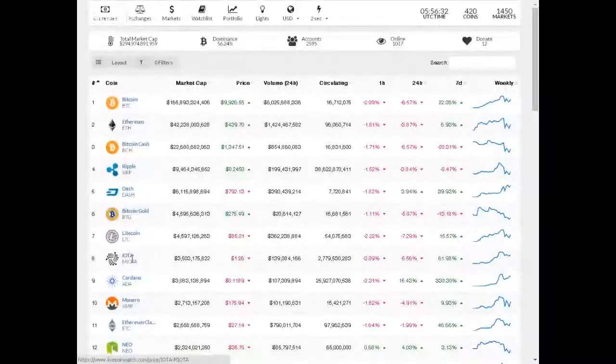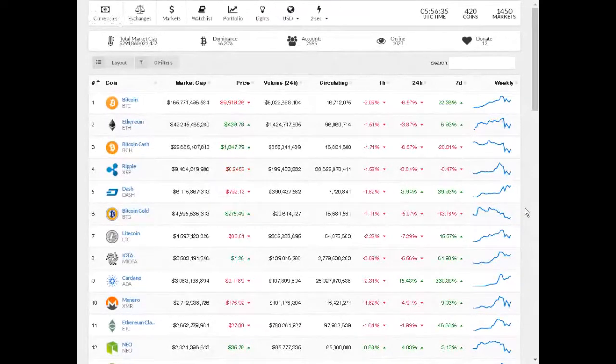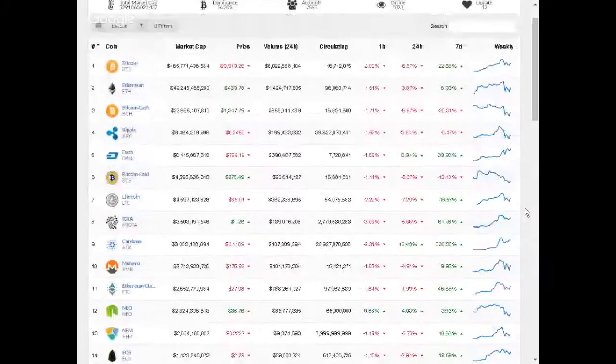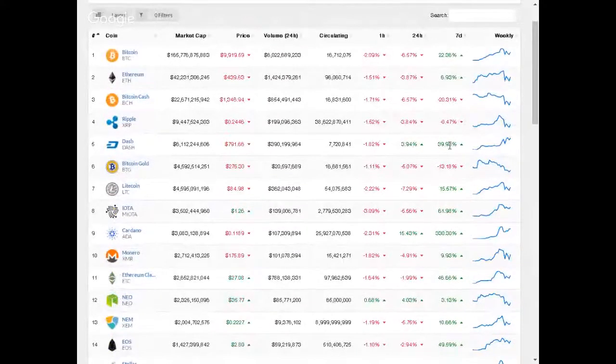Okay, so let's take a look at the weekly one here. Dash is doing good. I suspect what's happening with Dash is that after the pump of Bitcoin, everyone sold their Bitcoin and probably got into Tether.